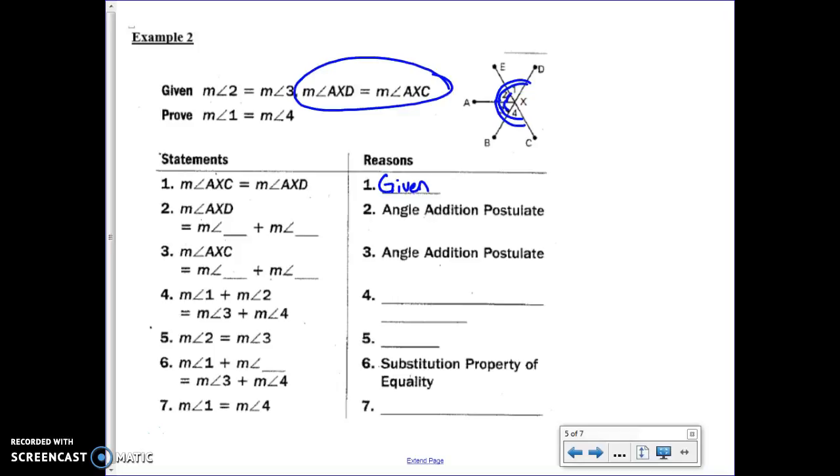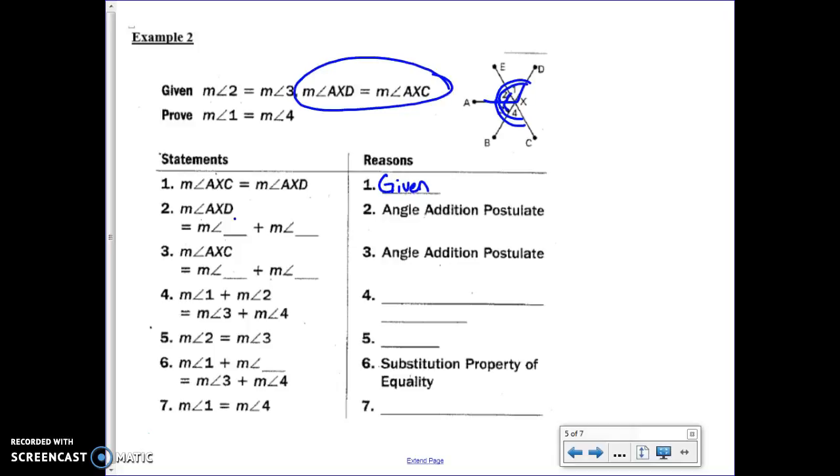Now, they're helping us out with this second reason that they've given us. It says the angle addition postulate. So remember, just like the segment addition postulate, the angle addition postulate tells you that two smaller angles add up to the bigger angle. So we're looking for the two smaller angles that add up to equal the measure of angle AXD. So if I look, that's this top angle up here, and it looks like angle 1 and angle 2.